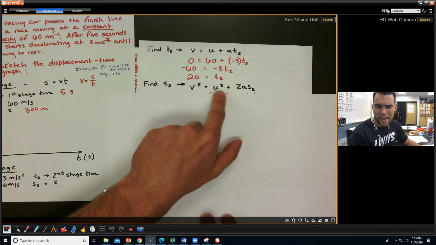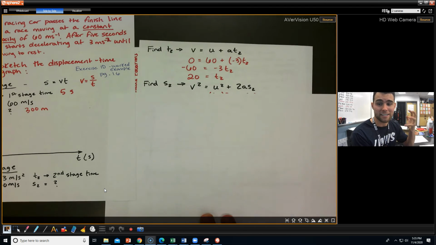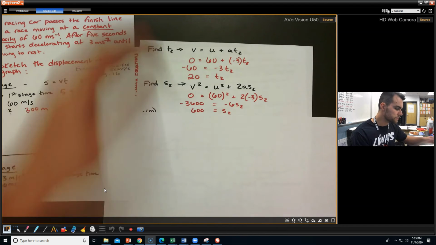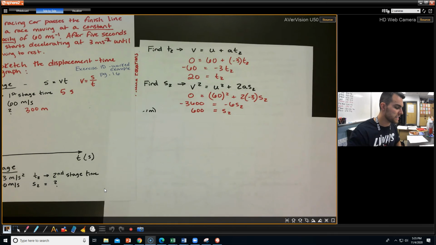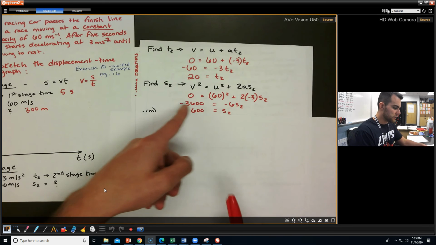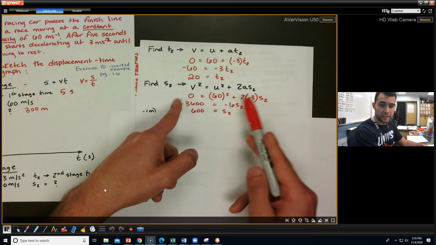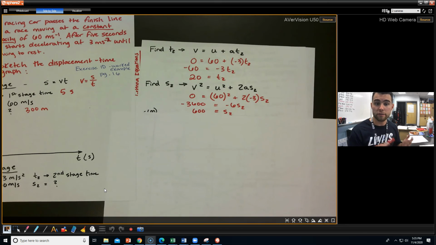We have the information that we need already, so we're going to get the exact displacement no matter what. If we plug in values, I get 0 equals 60 squared plus 2 times negative 3 times s subscript 2. That's negative 3600, because 60 squared is 3600 and I subtract it over. I get negative 6 s2, divide both sides by negative 6, and I get 600 meters for s2.